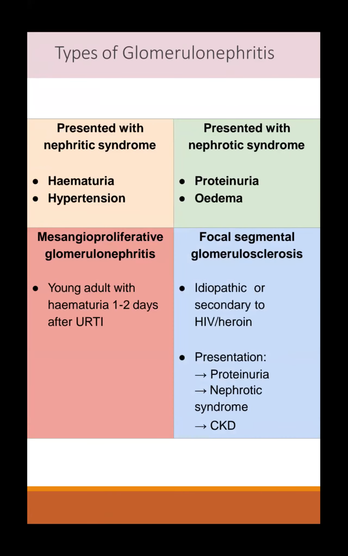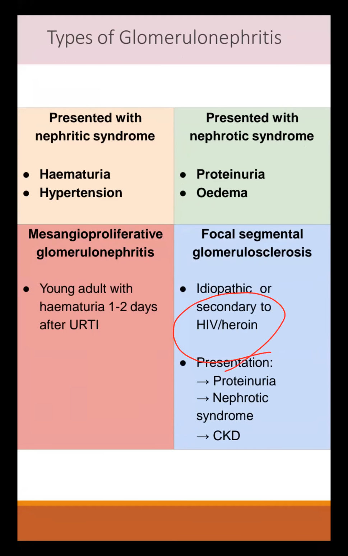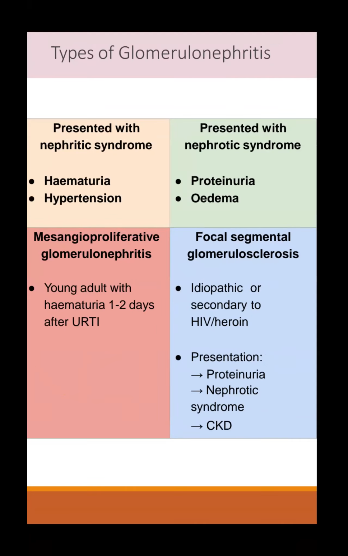One-third resolve and again recur, then focal segmental glomerulosclerosis, whose causes are HIV or urine abuse. Presentation: proteinuria, nephrotic syndrome and CKD; nephritic in a young adult with hematuria after an upper respiratory infection 1 to 2 days ago.